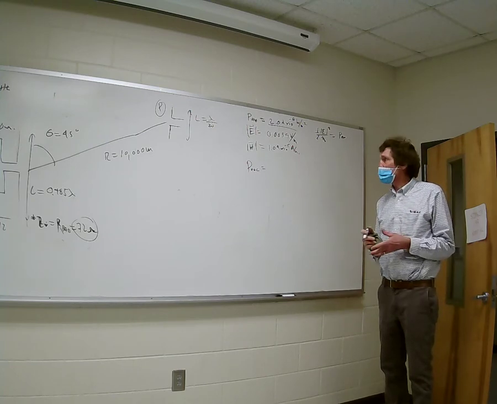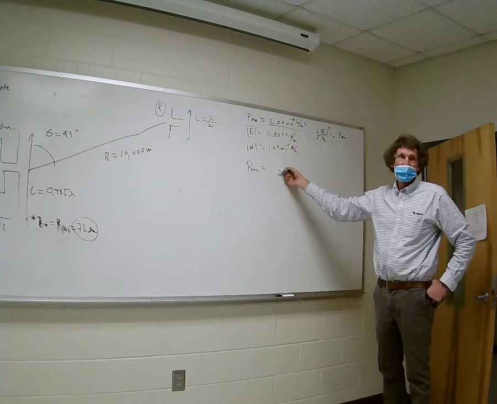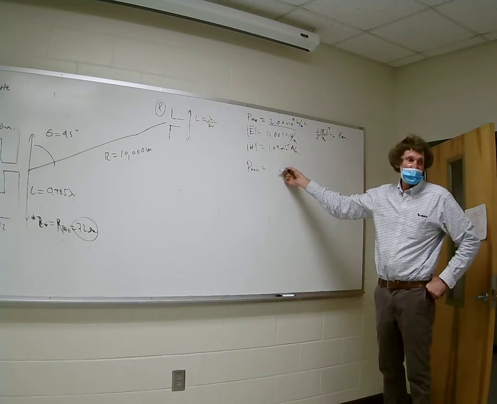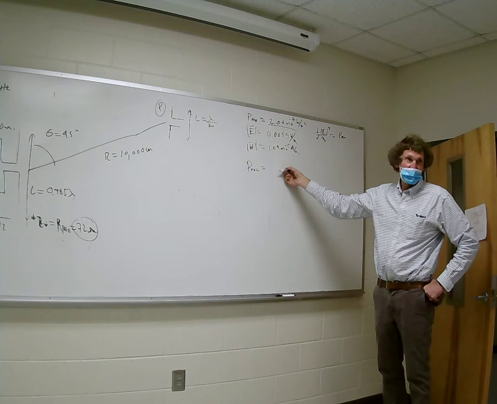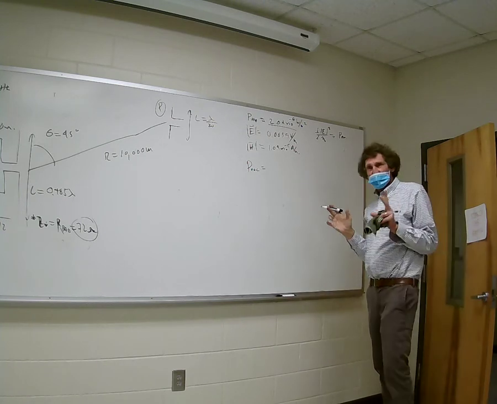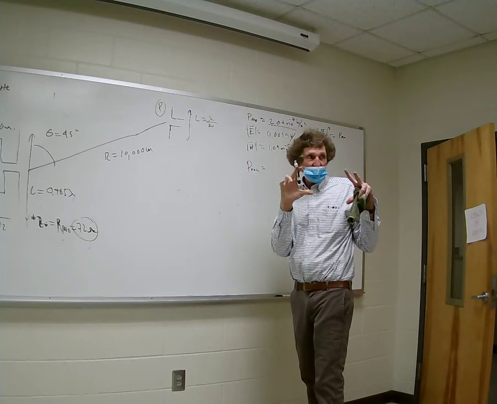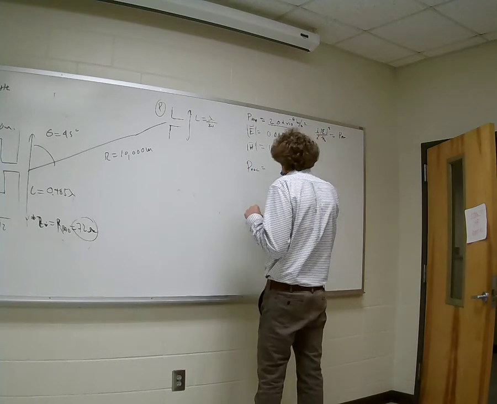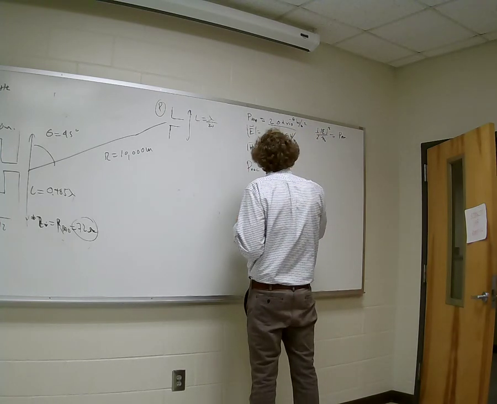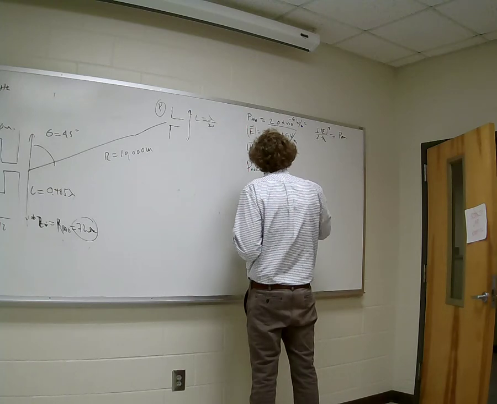Now, William, not you. How do I get P received? What's the equation? Anybody? Well, didn't I say it's the aperture? You need how big it is, the area that power is incident on. The aperture is lambda squared over 4 pi times the directivity.